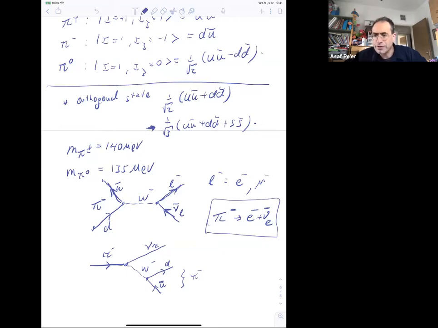You cannot have conservation of energy if you try to decay a particle into heavier particles. The important thing to remember is that you have conservation of energy in each vertex. You cannot create energy from nothing, right? Energy must be conserved as part of the conservation of four-momentum.